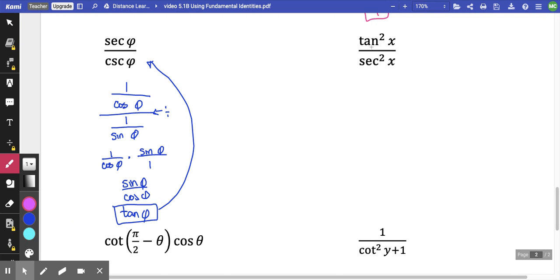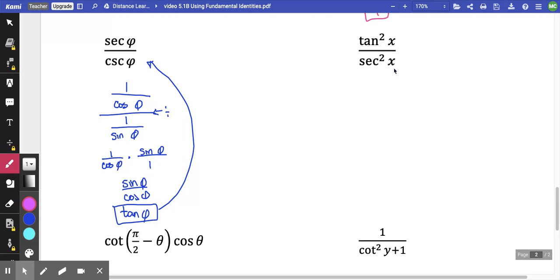So let's see, I've got tangent squared of x over secant squared of x. I'm thinking to myself, well, I'm seeing a trig function squared, so there's a possibility I could be thinking about Pythagorean identities. If I didn't want to try that, I could be thinking about maybe changing everything into sines and cosines and see where that takes me.